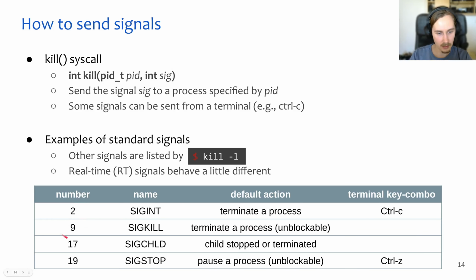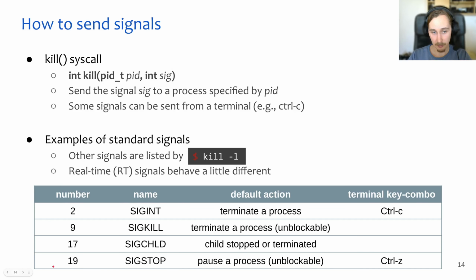Other quite common signals would be SIGKILL to terminate a process, which is just enforced by the Linux kernel, SIGCHLD, which we already mentioned, or SIGSTOP, which is for example commonly triggered when you press Control Z, and this will typically cause your bash to interrupt the running process and put it into the background, so that you can then resume it with the fg command, for example.